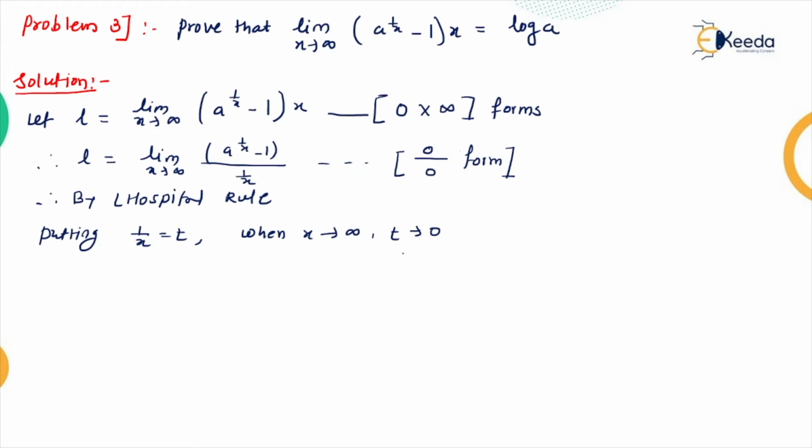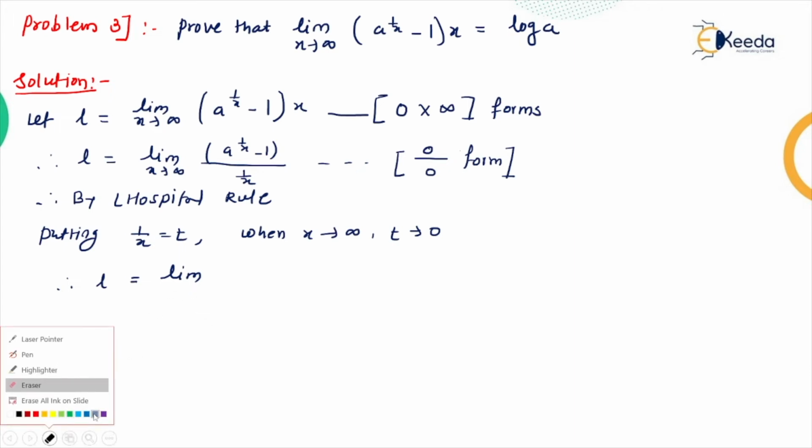When x tends to infinity, t tends to 0. So L is equal to the limit as t tends to 0, since I have already replaced x by t.